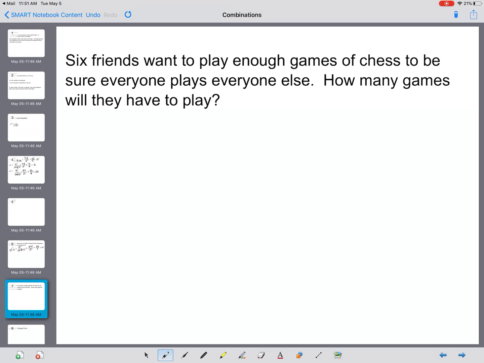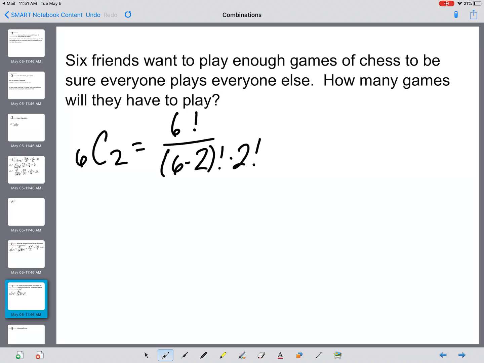6 friends want to play enough games of chess to be sure everyone plays everyone else. How many games will they have to play? Well, I'm doing 6 combination 2, because 2 people play chess at a time. So I get 6 factorial over 6 minus 2 factorial times 2 factorial. Now, this is where I'm going to do things slightly different.